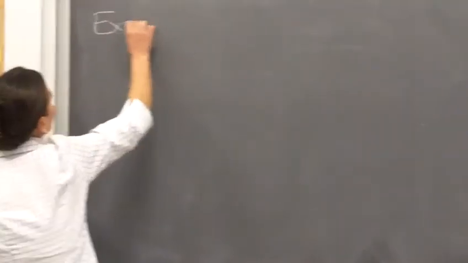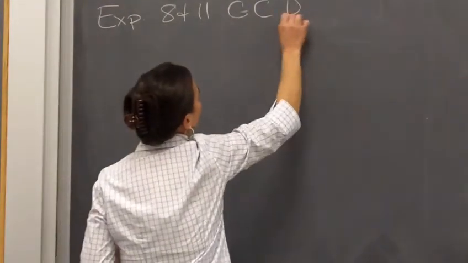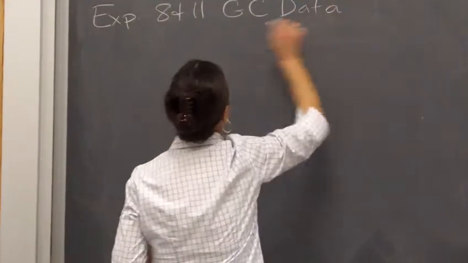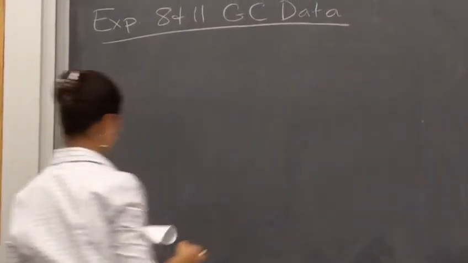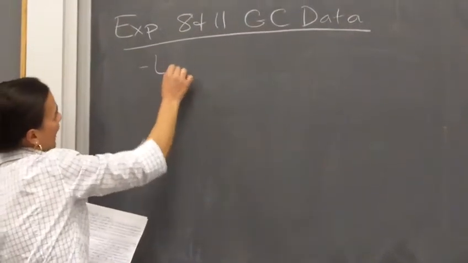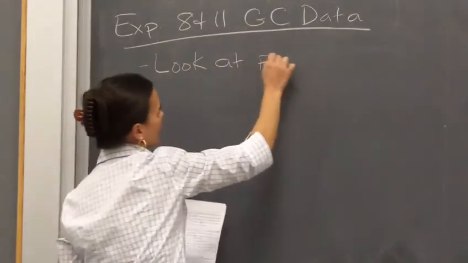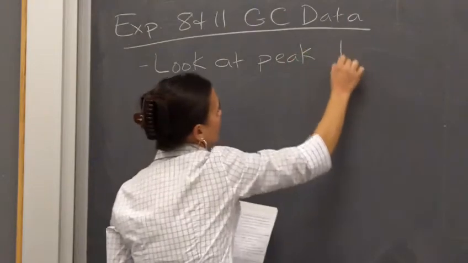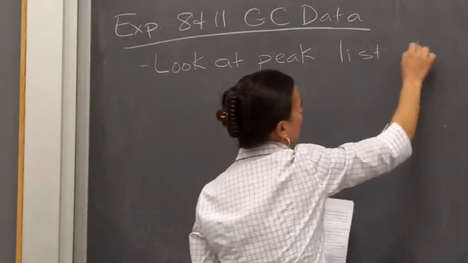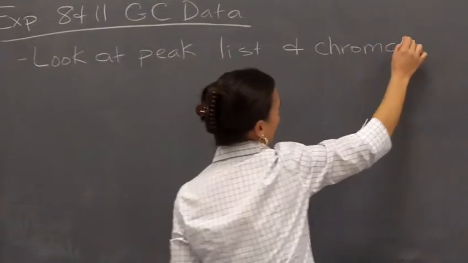So a couple things about that GC data. Make sure you look at the peak list and the chromatogram for each sample, so you have an idea of what's going on.